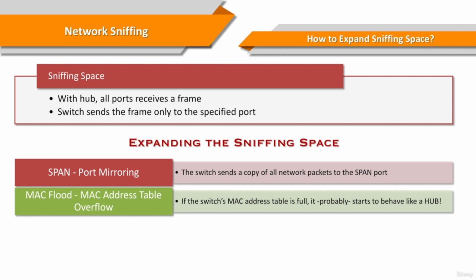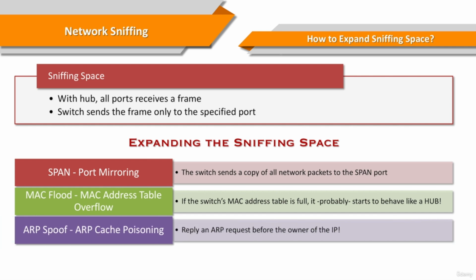So once the table is full, it generally enters into a fail open mode, and it starts behaving like a network hub. Frames are flooded to all ports, similar to broadcast type of communication. So as an attacker in the network, you start to receive the frames of others.